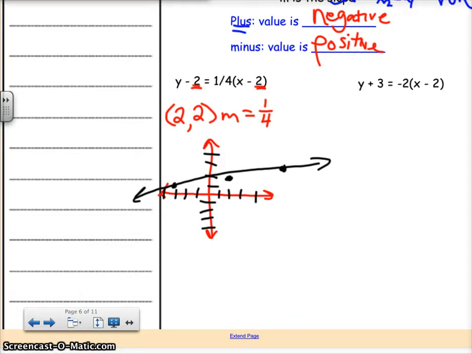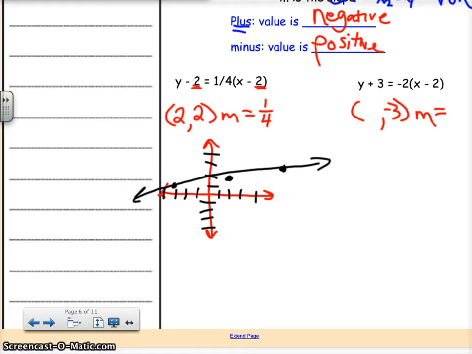Okay, next one. Again, all I want to find is my point and the slope. So this turned to plus. The only way that can turn to plus is if the y was negative. So I know that the y is negative 3. I know that because the original should be y minus the y I'm given.